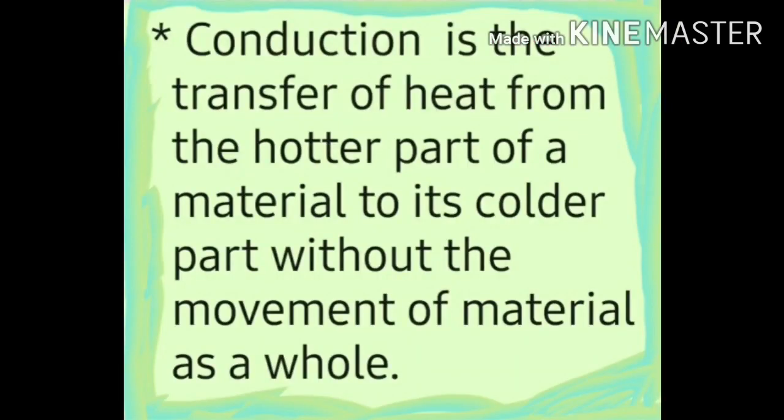Conduction is the transfer of heat from the hotter part of a material to its colder part without the movement of material as a whole. In all solids, heat is transferred by the process of conduction. Here are some examples of transfer of heat by conduction from our day-to-day life.